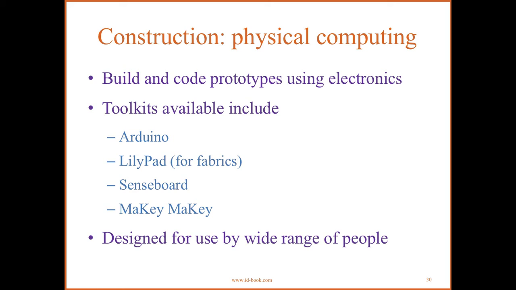So in terms of construction, this involves physical computing. Normally physical computing involves something that you can touch and see, like toolkits such as Arduino, LilyPad, sensor boards, Make. These are toolkits available for human-computer interaction designers, or maybe usability engineers, to make use of.